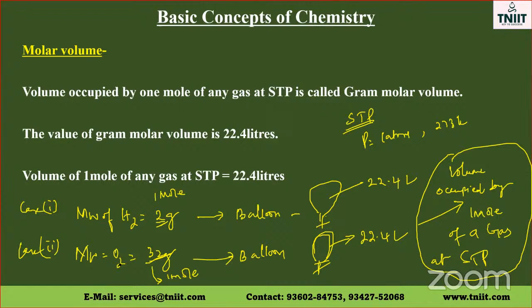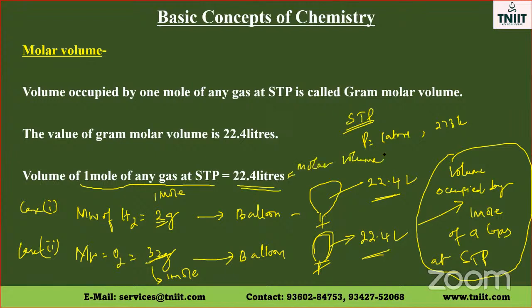So 1 mole of hydrogen gas and 1 mole of oxygen gas occupy 22.4 liters. Therefore, this 22.4 liter volume is called molar volume. So the volume of 1 mole of gas at STP is 22.4 liters. This is called molar volume.